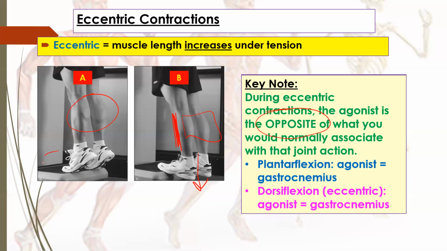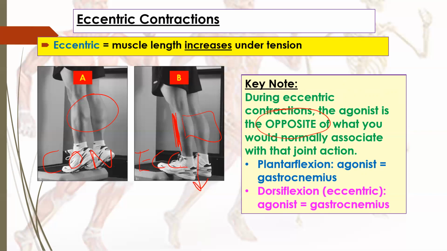This is a concentric example where the agonist is the gastrocnemius. This is an eccentric example where the gastrocnemius remains as the agonist, the tibialis anterior remains as the antagonist, because it's controlled downward movement.